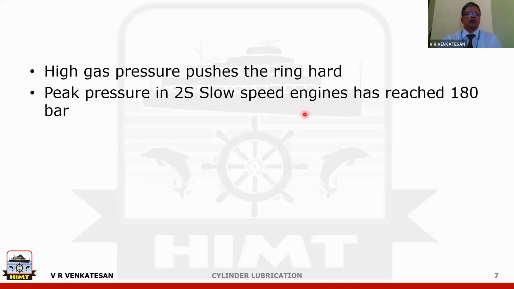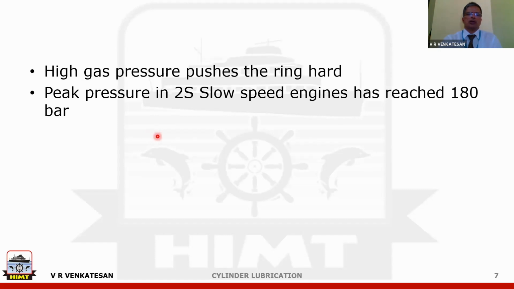So, what is the maximum peak pressure that you are seeing nowadays? In the case of two-stroke slow-speed engines, the peak pressure has reached 180 bar. This is in the latest G series engine from MAN and WinGD. Till recently, about 150 bar used to be the highest peak pressure.